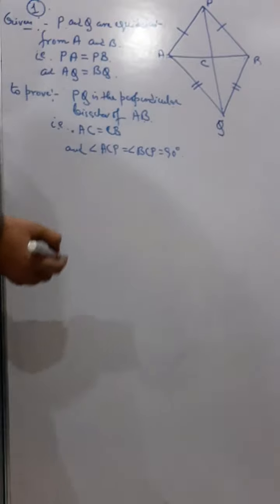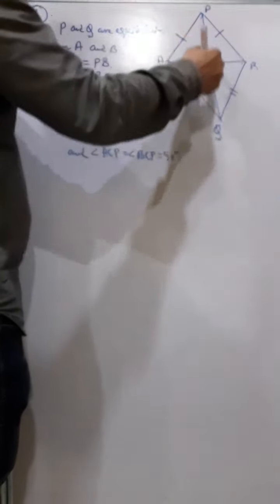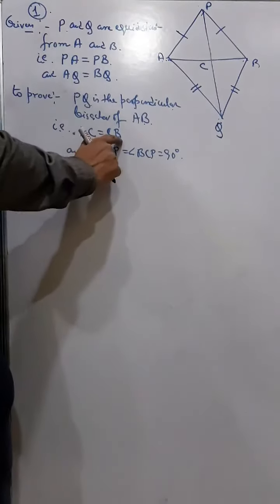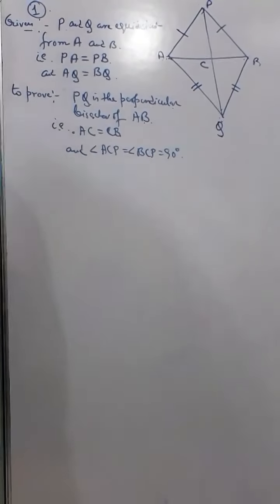That is the meaning of perpendicular bisector. Bisector means this equal to this, and perpendicular means 90 degrees. So we have to prove AC equals BC, and ACP equals BCP equals 90.